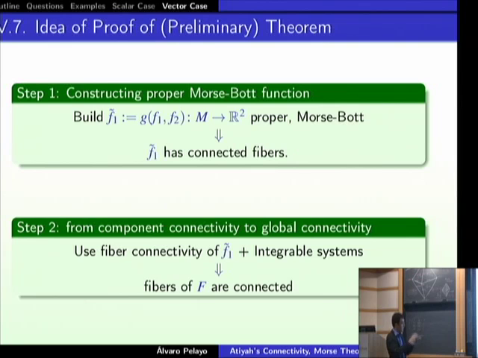And then, if it is Morse-Bott, you're going to be able to conclude that the fibers are connected, and from that you hopefully can work your way up to prove that the fibers of the whole system are connected. And of course, in order to construct this proper Morse-Bott function, you have to use a lot of things about the singularities of the system. And that is where they come into play.